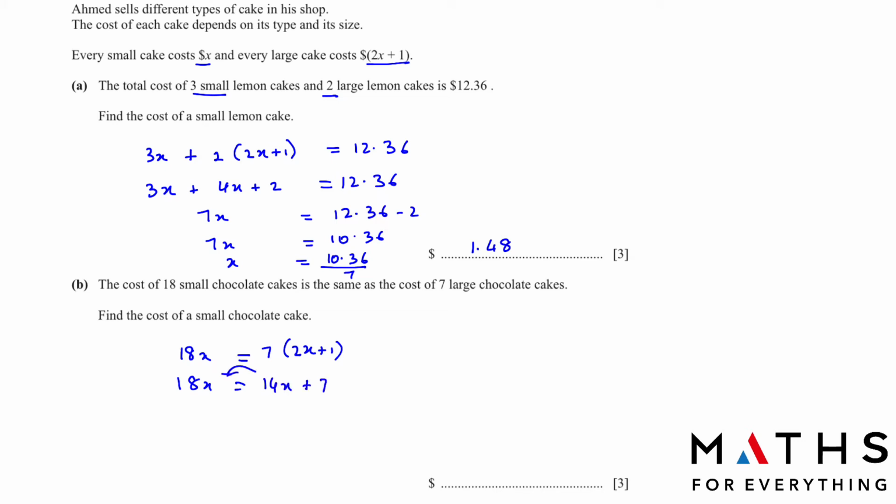Bring the like terms together. So we'll have 18x minus 14x, which is 4x, is equal to 7. And the value of x is 7 divided by 4, which is 1.75. This is the cost of a small chocolate cake.